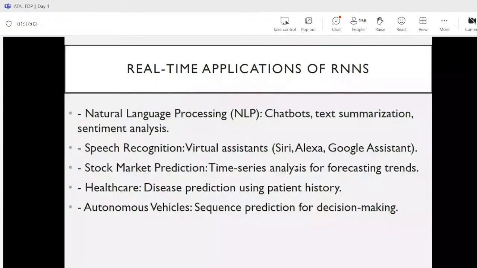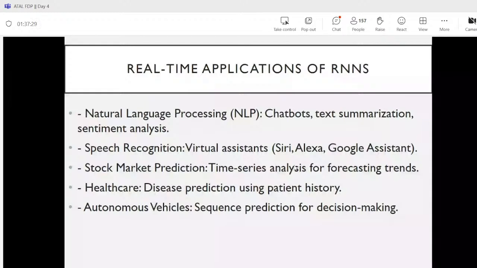So coming to the real-time applications, as I said, the first is NLP, the second is speech recognition, where the system will be able to recognize what type of speech you are giving to the network. Stock market prediction, healthcare, which is the most important thing currently, and I am also working on healthcare, predominantly on diabetes mellitus and heart disease predictions.